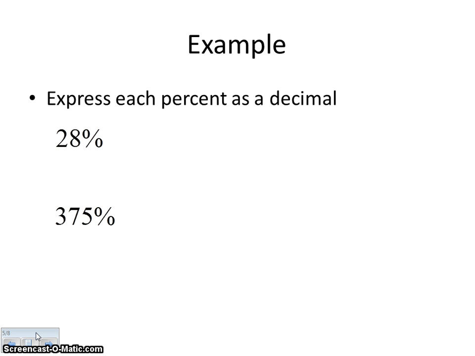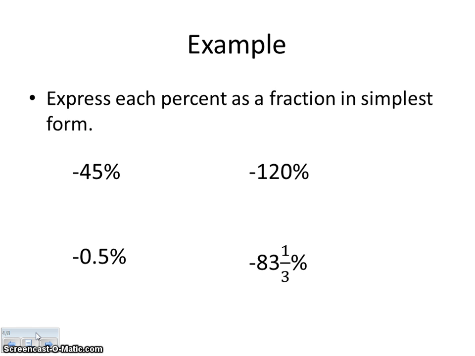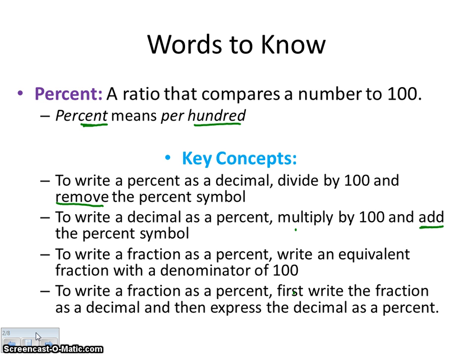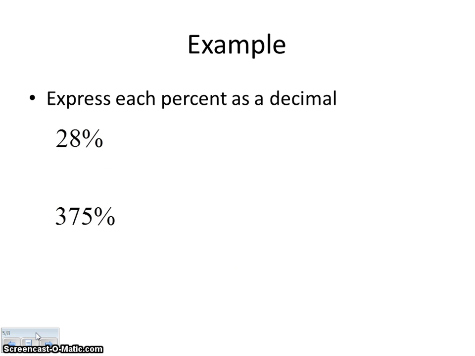Okay, and then these two examples are writing percents as decimals. Now these are pretty simple. I like doing these because, well, I'll show you a little shortcut. But first of all, go back here. To write a percent as a decimal, we're going to divide by 100 and remove the percent symbol. Okay, so let's go here.